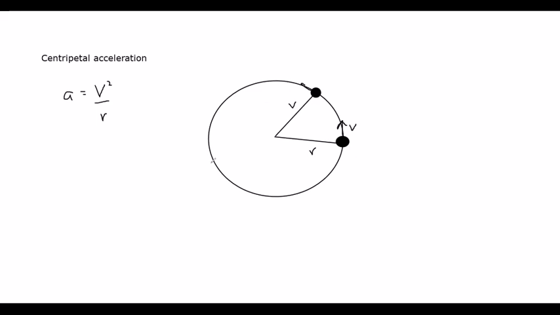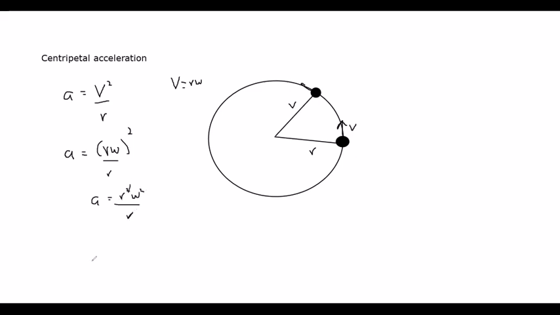Then there is also another formula, as we know, v is equal to r omega. So in place of v, I can substitute r omega. So a is equal to r omega divided by r, in place of v I substitute r omega, so this will be a is equal to r square omega square divided by r.